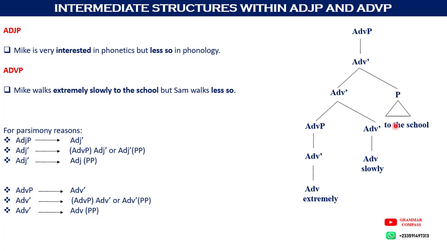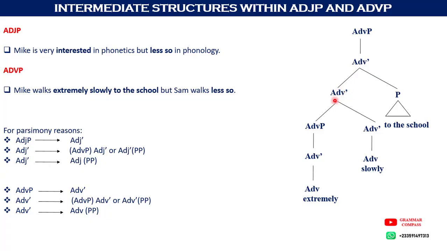We have this example on our tree over here. Extremely slowly to the school. The one that we have here. So Mike walks extremely slowly to the school, but Sam walks less so. Less so targets slowly to the school. Based on our rules, when you have an AdvP, it will first move to an AdV bar. Then at the intermediate level, you will start attaching your modifiers and qualifiers.